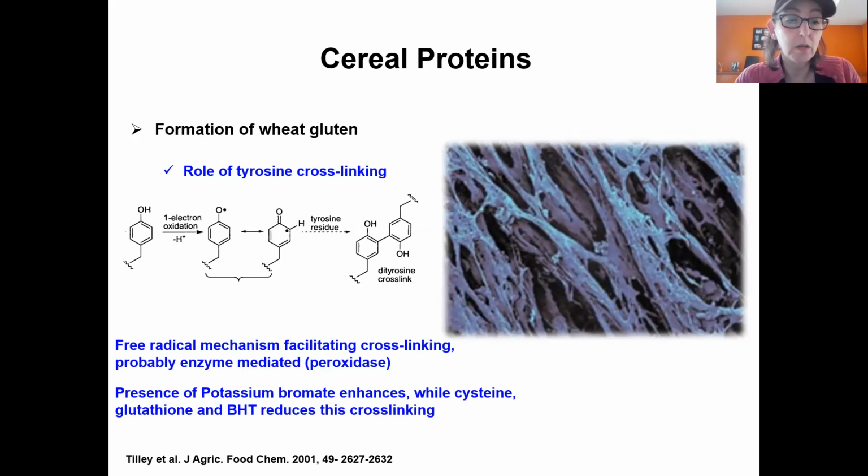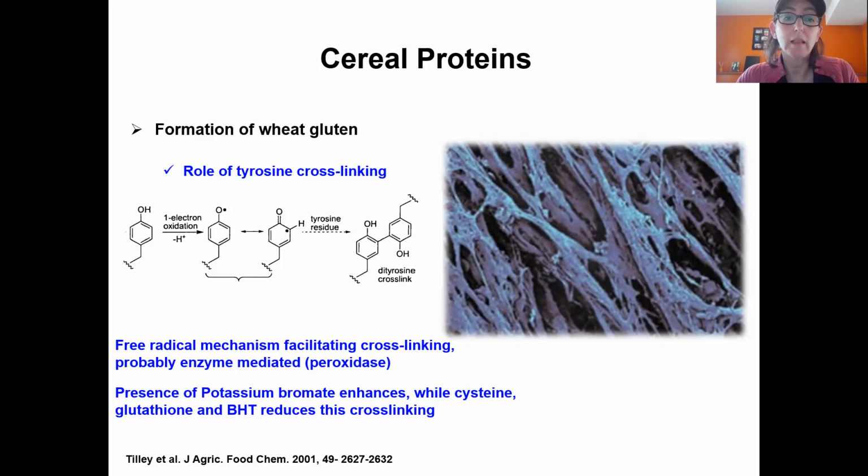So this paper here, published a couple of decades ago, looked at the formation of tyrosine cross-linking, and they observed this using advanced LC-MS analysis to determine the presence of dimers and trimers of these tyrosine-linked proteins.